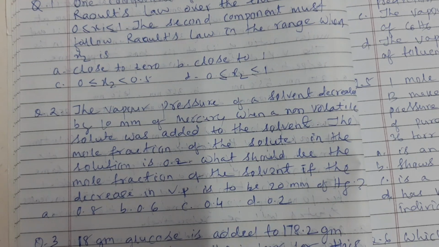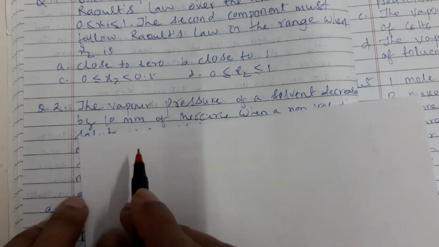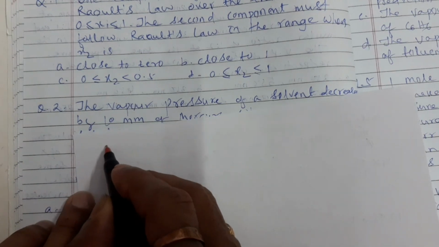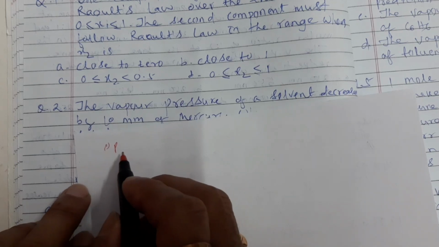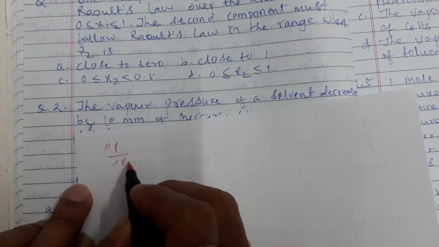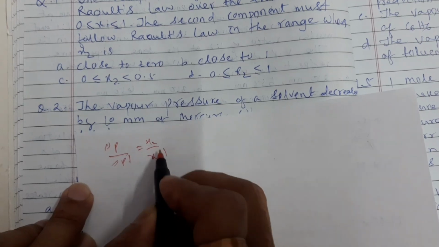So how can you do this? You see, there is a rule: delta P by delta P dash is equal to x2 by x2 dash.